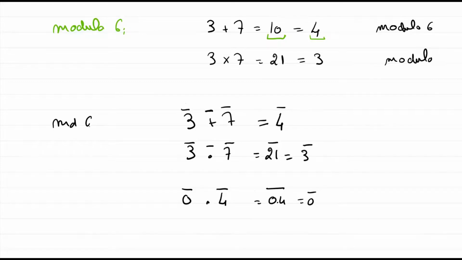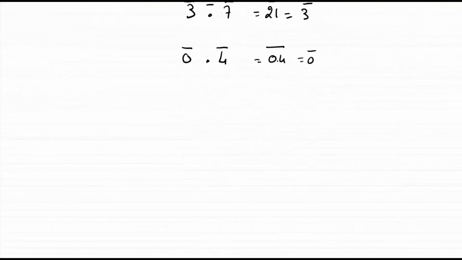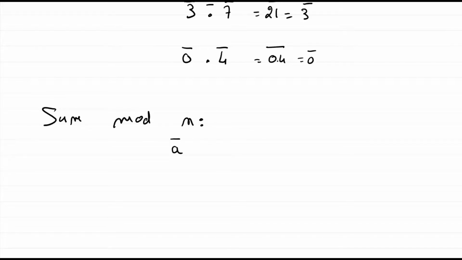This is in fact how I define the sum. So I'll write the definition here. Sum modulo n. If I have two classes modulo n, a bar and b bar, the sum I denote by plus bar, and I write a bar plus bar b bar is the same thing as a plus b bar.